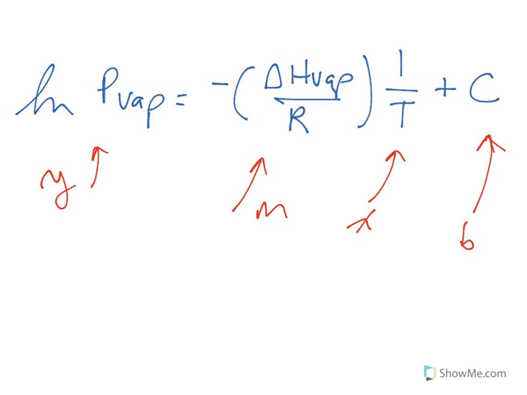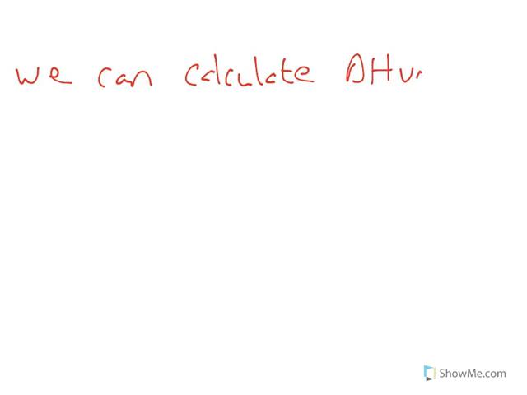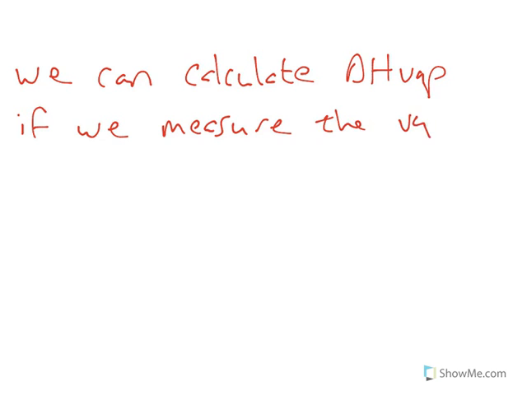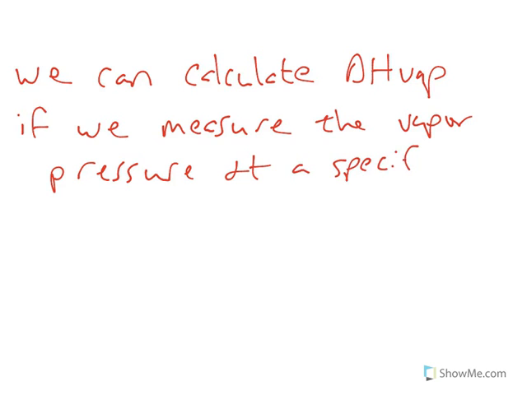So what does this equation allow us to do? Well, the Clausius-Clapeyron equation can tell us we can calculate delta H of vaporization, which is very handy to know for a substance, if we measure the vapor pressure, which can be done experimentally at a specific temperature.